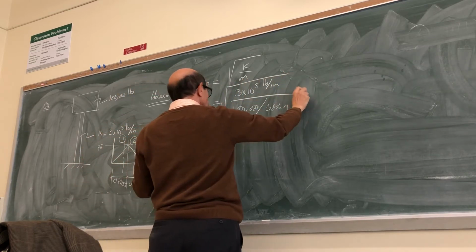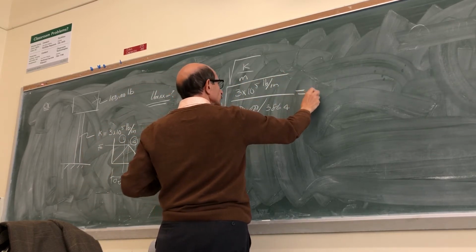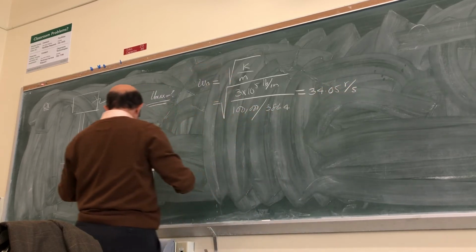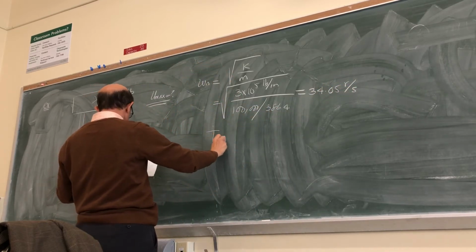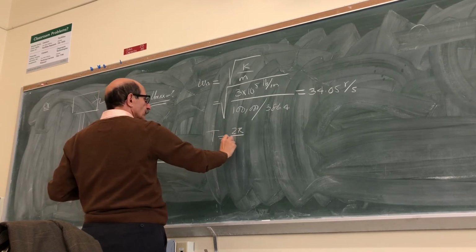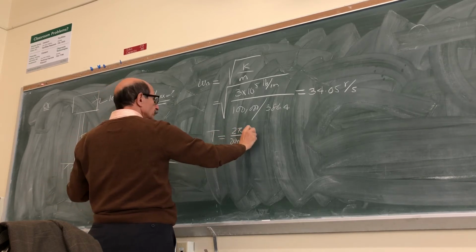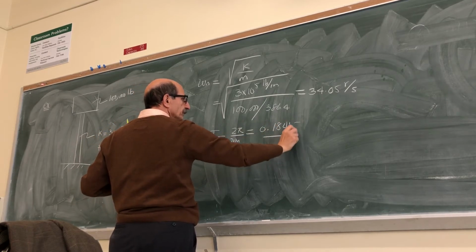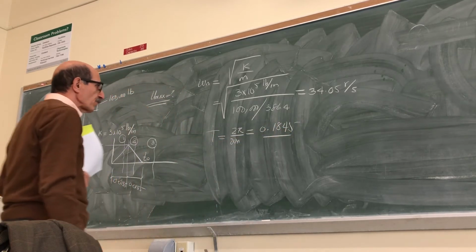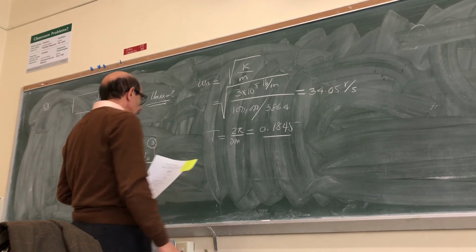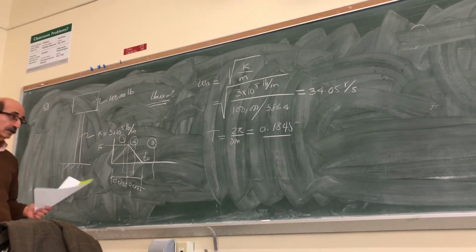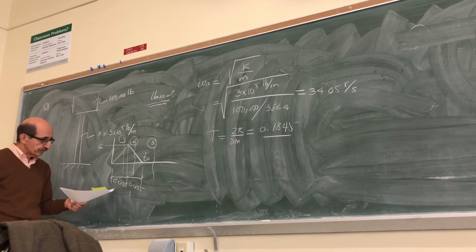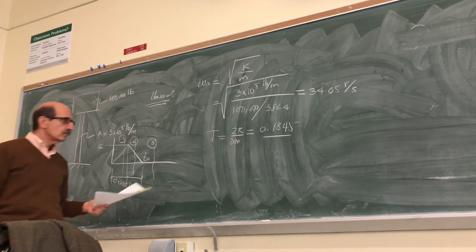So the natural frequency would be 34.05 radians per second. The period would be 2 pi over omega n, which is 0.1845 seconds. So you can see that compared with the natural period of the system, the load duration is very, very small.